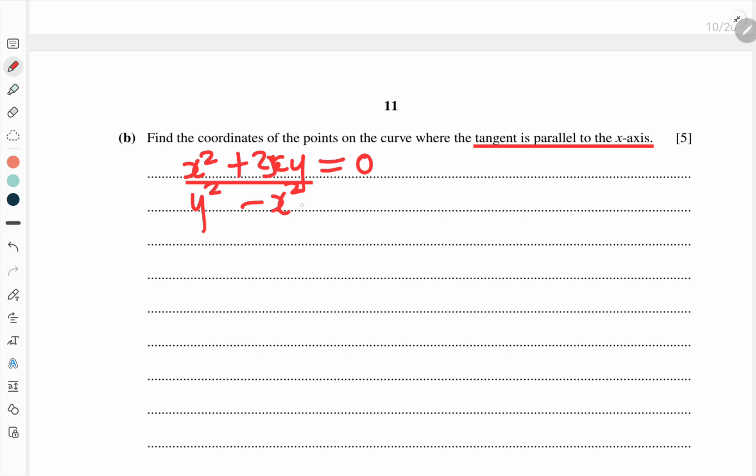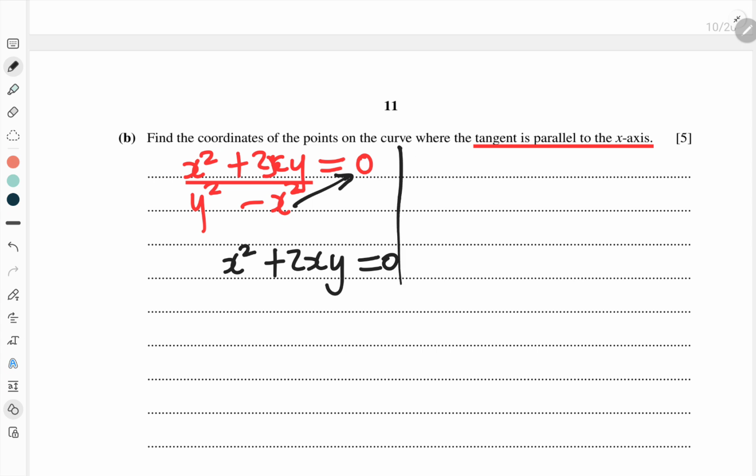So we cross multiply the denominator with 0, and the denominator is gone. So we now have x squared plus 2xy is 0.